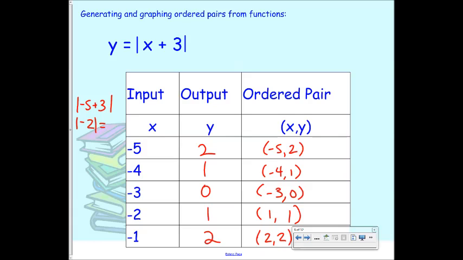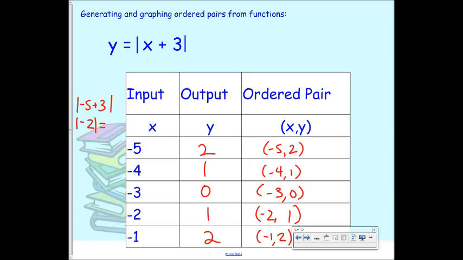Okay. Do you think this is going to make a line? Did I do something wrong? Yes. Thank you. This is negative 2, 1, and this is negative 1, 2. Okay. Do you think this is going to make a line? Maybe. Maybe not. Okay, so let's plot these.